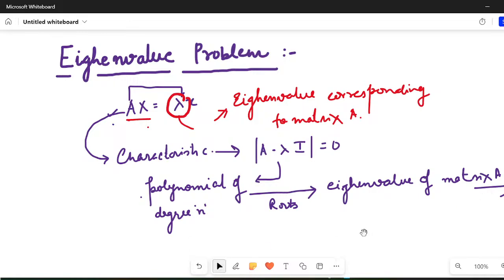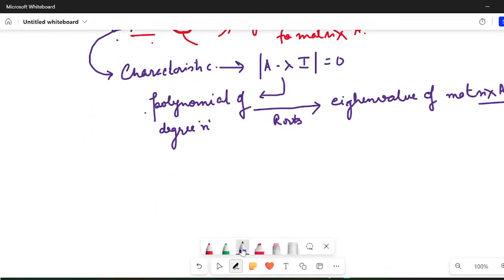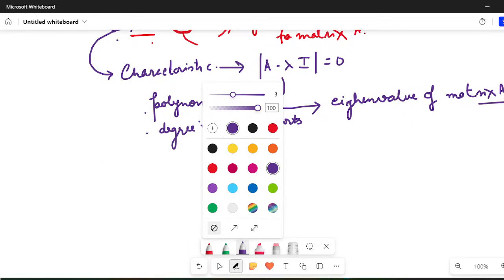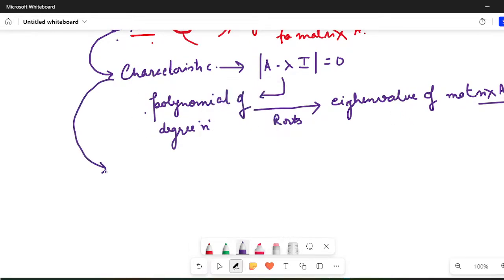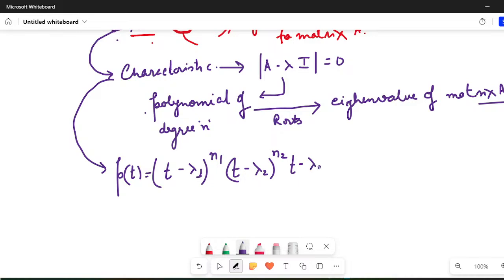I also told you what an algebraic multiplicity is. Let us say the characteristic polynomial can be factorized in terms of its eigenvalues. Let this characteristic polynomial be P(t), given by t minus lambda 1 raised to power n1, t minus lambda 2 raised to power n2, t minus lambda 3 raised to power n3, and so on up to nk.